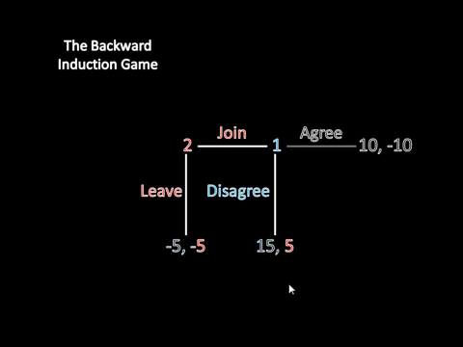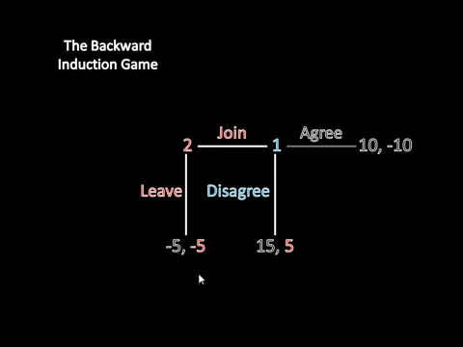If we chop off this other part of the game and go to this subgame, where now there are two things going on, we know that if player 2 were to join, then player 1 would disagree. It's in player 1's best interest to do so. So if player 2 joins, she is not going to get -10. She knows that. She's going to get 5. So player 2 would not want to leave here, because -5 is worse than 5. If player 2 joins, then player 1 disagrees and she ends up with 5.